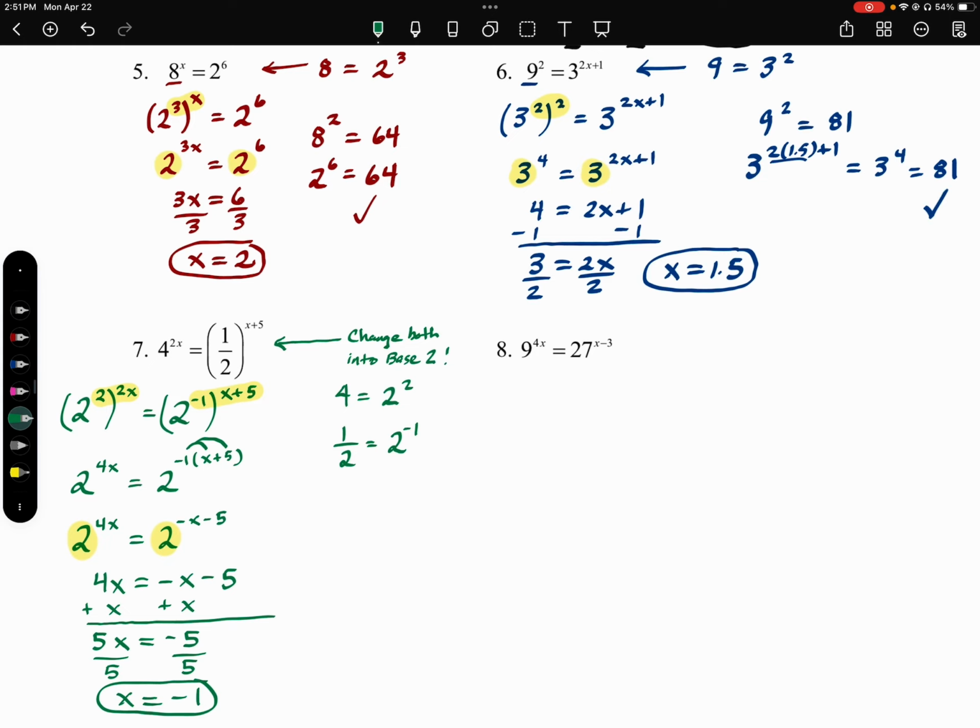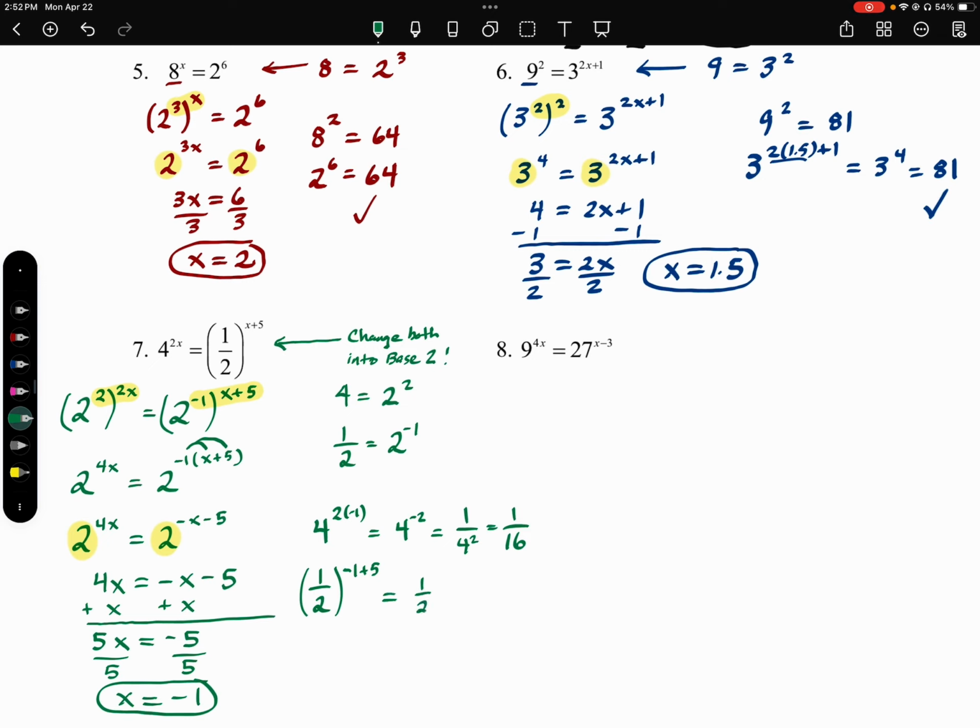And we can check it here. We'll say 4 to the power of 2 times negative 1. Well, that would be 4 to the negative second power, which remember is like 1 over 4 to the positive second power, or 1/16. And if we do our second part of the equation, 1/2, and that was being raised to the power of negative 1 plus 5.